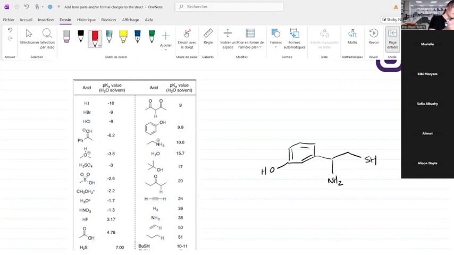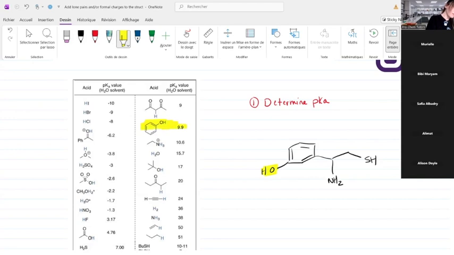Step 1 here is to determine the pKa of each of these functional groups. Let's start with the phenol. Look at your pKa table and try to spot phenol in there.